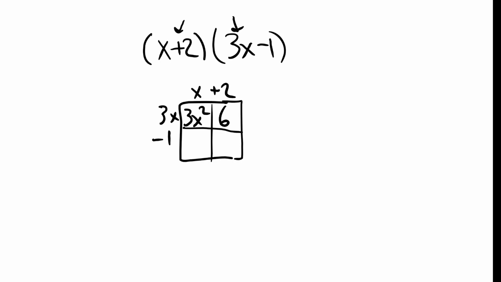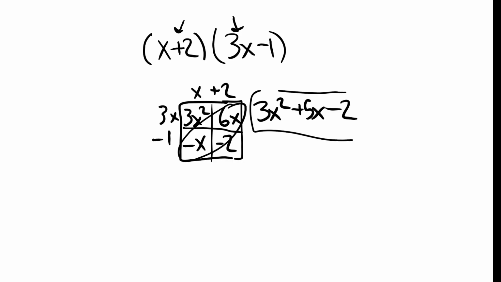3x squared, 6x, negative x, negative 2, and we added together all the things. 3x squared, these add together and give us a positive 5x, and we get minus 2. Sweet. One down.